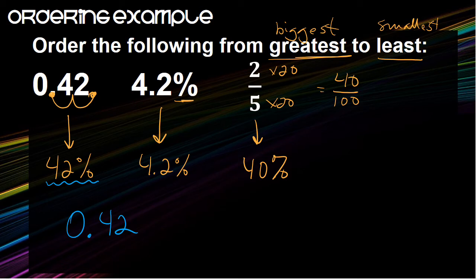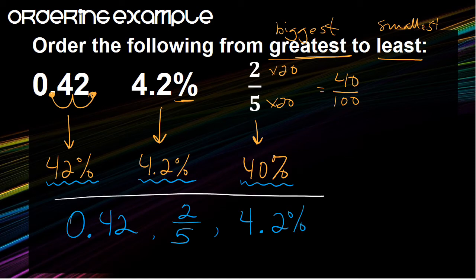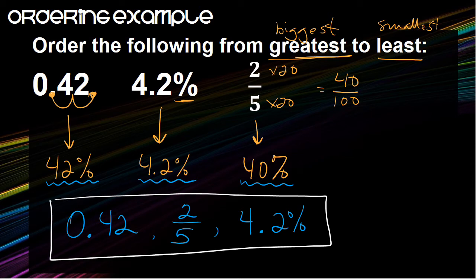My next biggest percent here is 40%, but I need to use the original format of 2/5. And last, but certainly not least, is our 4.2%. So I'm just going to rewrite that as 4.2%. And so now, with a simple conversion, whichever is the easiest, I'm given my order now from greatest to least.